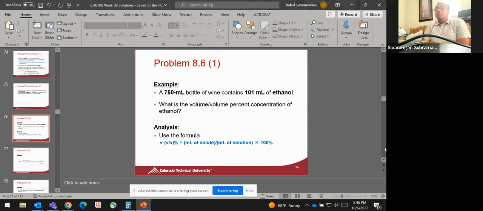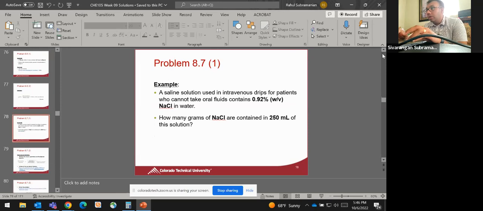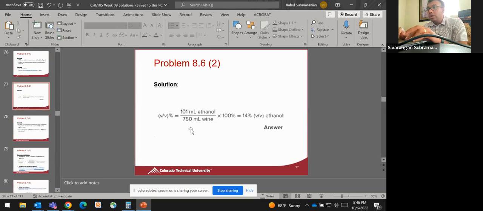So you have 101 milliliters in 750 milliliters. How much would be there in 100%? 101 divided by 750, milliliters get canceled, times 100, you get 14% alcohol.